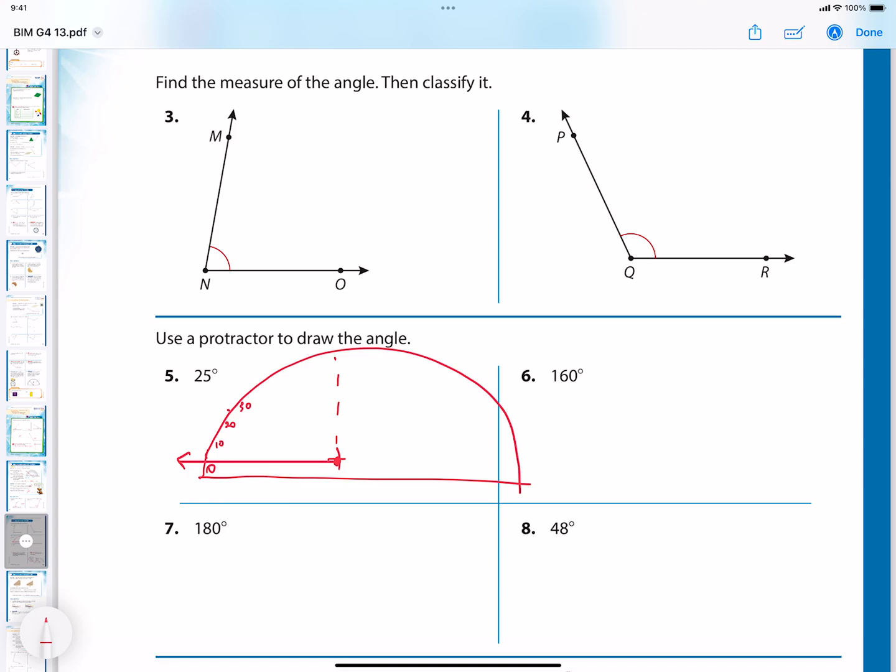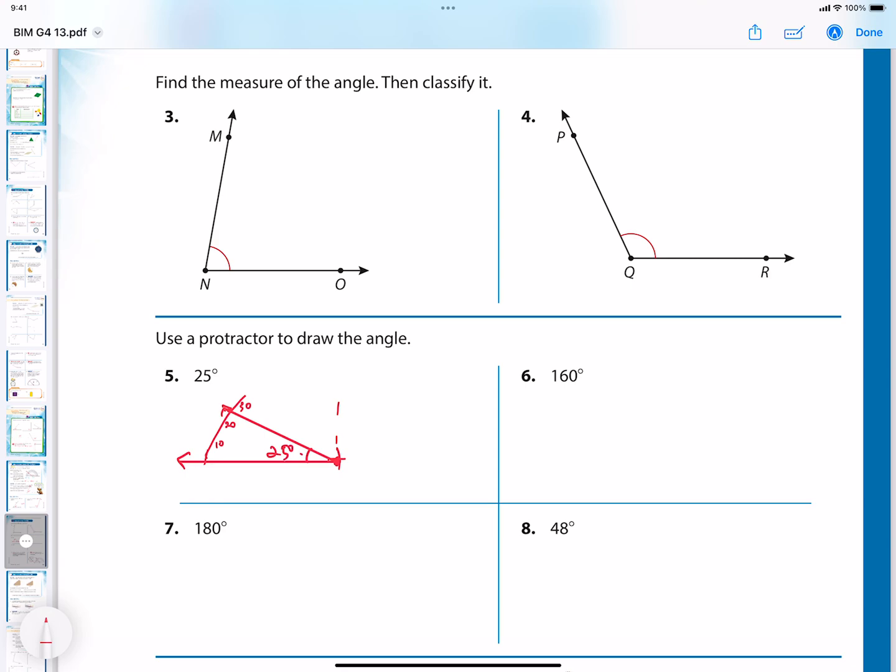So I'm going to put this 25 in between 20 and 30, and use my protractor's straight edge to connect the two dots, the vertex with the point, like this. And then I'm going to erase here, because in your page you shouldn't have this type of thing. This line.